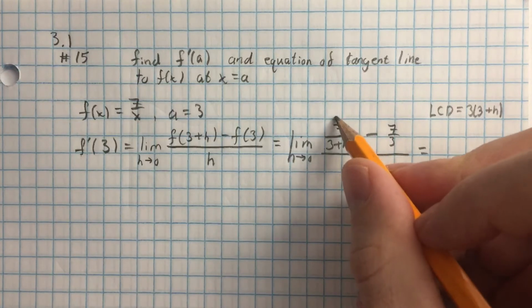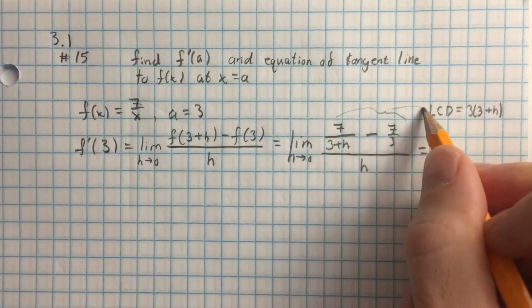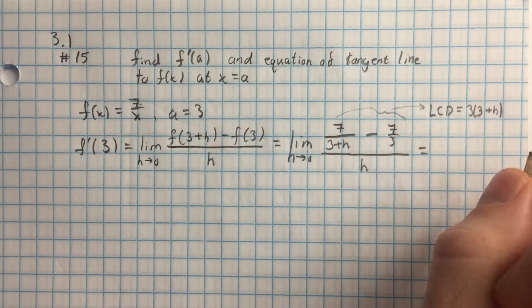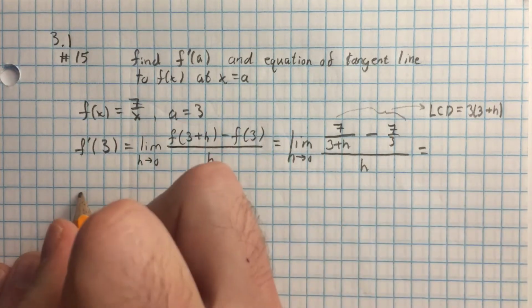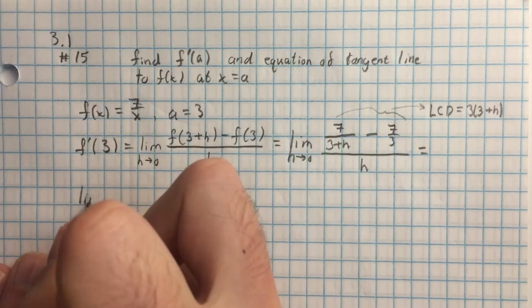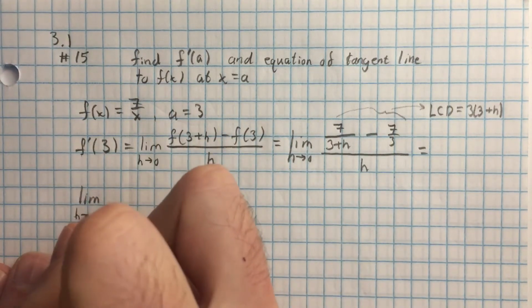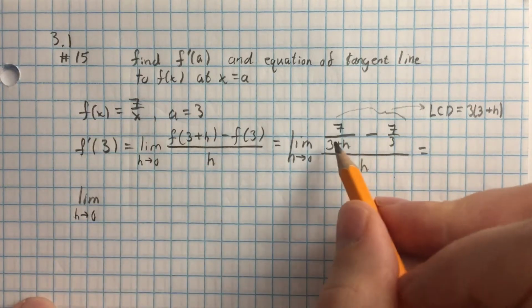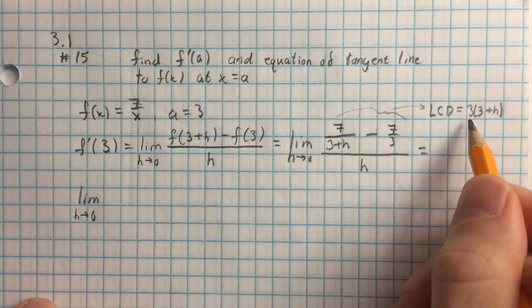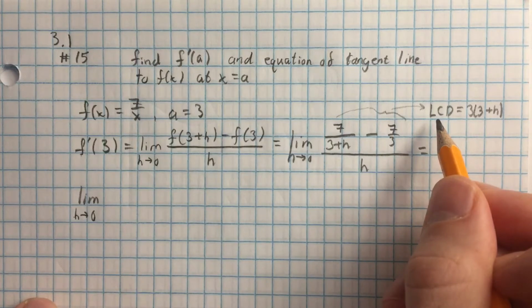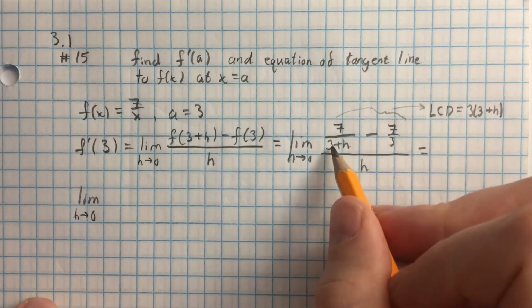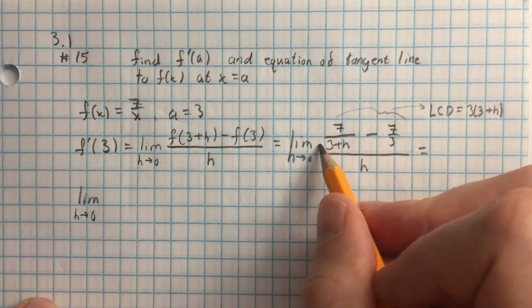That's the LCD for the numerator alone. So writing that out, the limit as h approaches 0 of, this one does not have the 3 it needs for the LCD. So therefore I need to give this a 3 above and a 3 below.